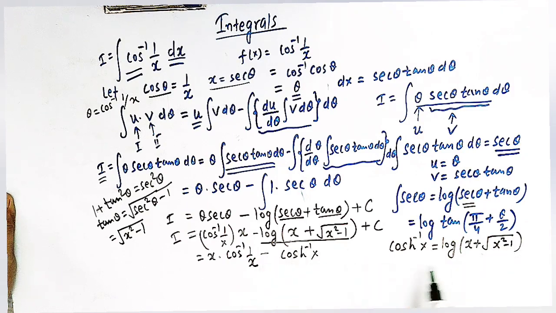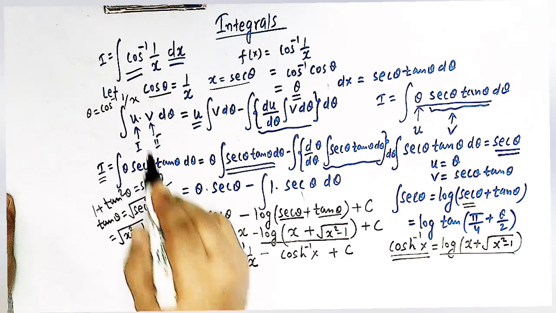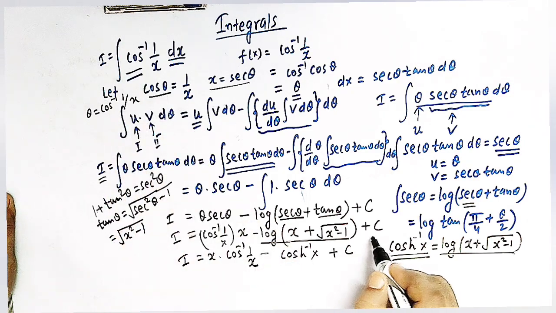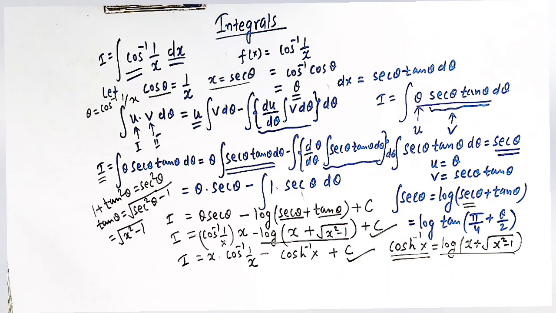So here we can replace this log term by the inverse hyperbolic function, and here we have c. So the value of this integral can be taken as this expression or this expression.